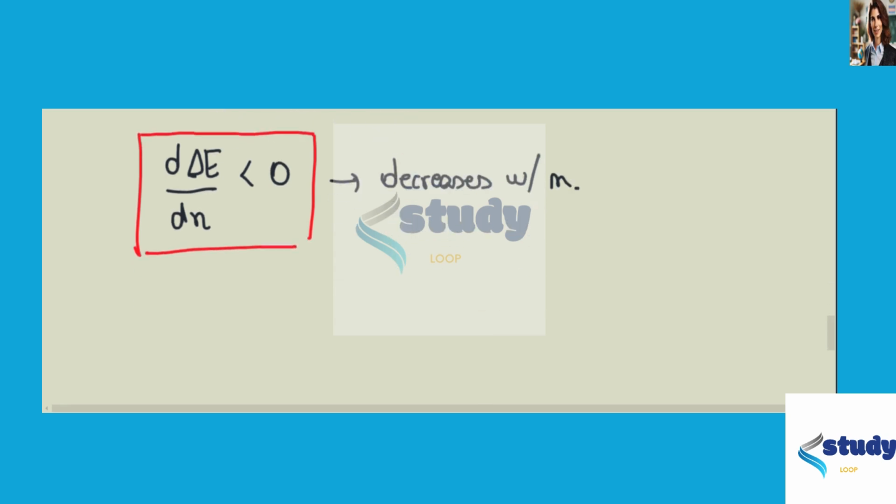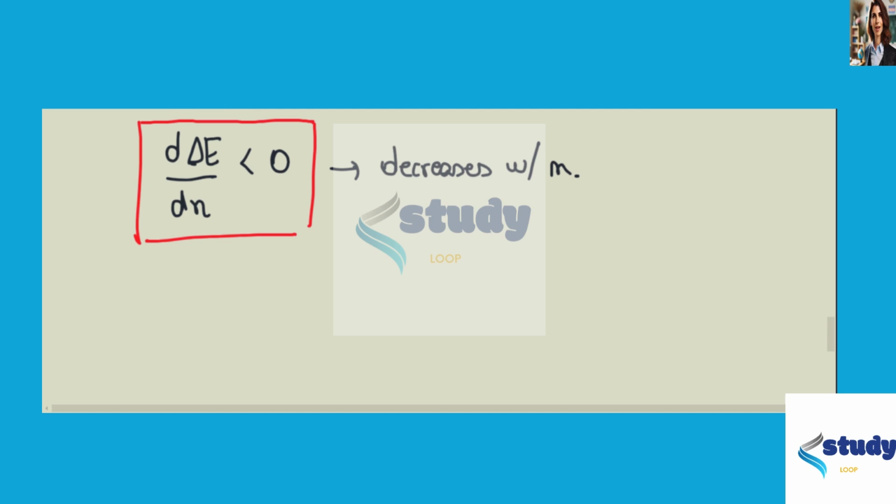The exercise asks us to compare this with the particle in a box case. Remember that for a particle in a box, the energy is equal to n squared times h squared divided by 8mL squared.